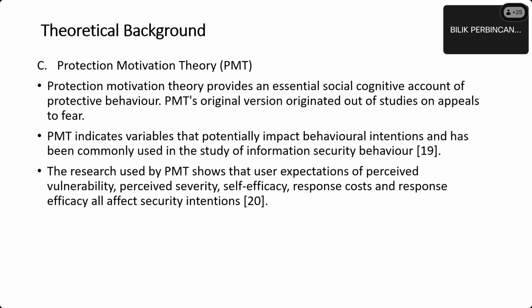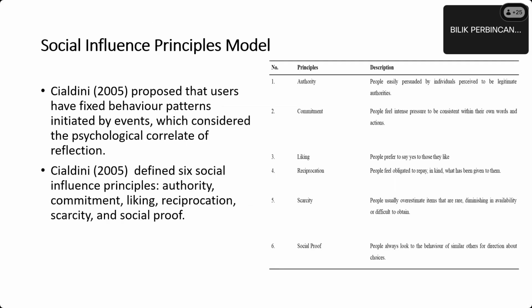PMT indicates variables that potentially impact behavioral intentions and has been commonly used in the study of information security behavior. In PMT, they have some elements: perceived vulnerability, perceived severity, self-efficacy, response cost, and also response efficacy, all of which affect security intentions.